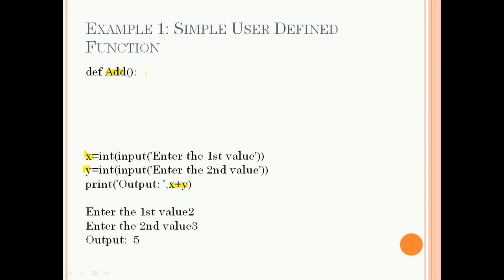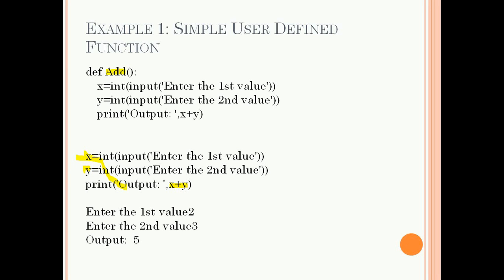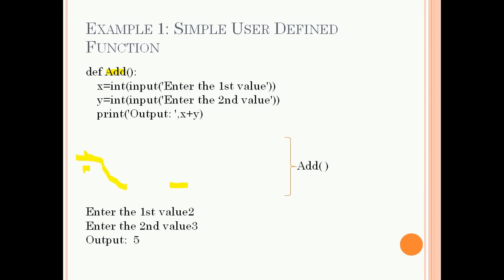Next, inside this function we may write this entire code, and in the main program, instead of writing these three statements, we can call the function add. And by this we can easily achieve the same result, but here we are using a function.